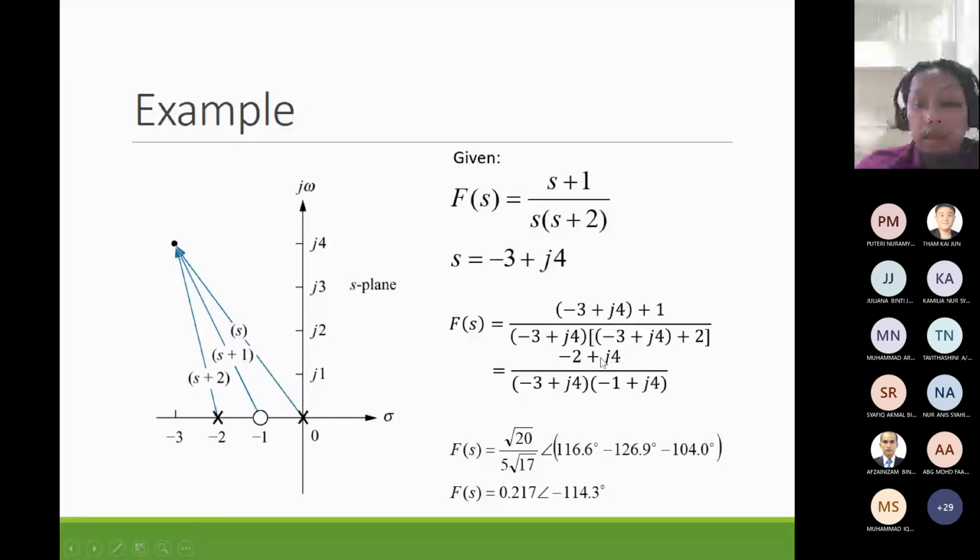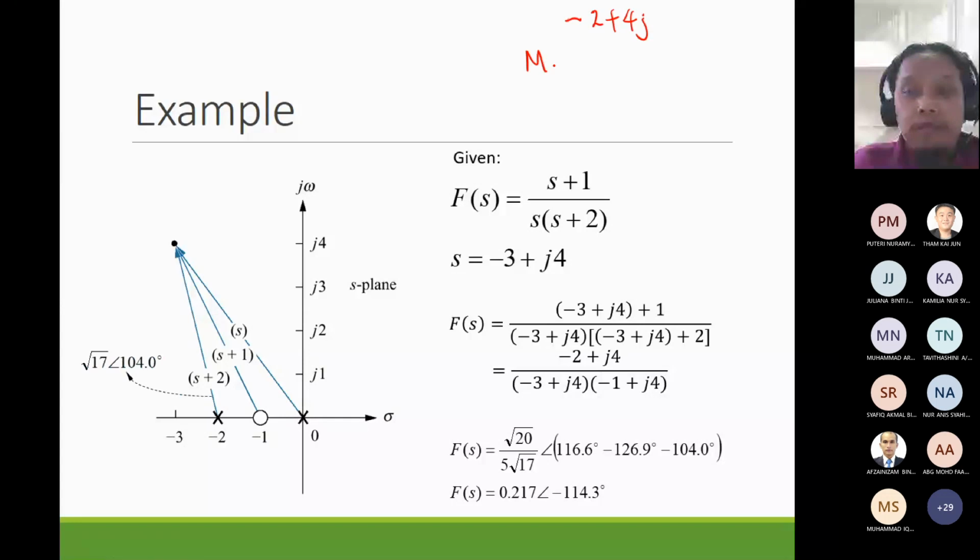For example, the top one here, the numerator, minus 2 plus 4j. You determine the magnitude: square root of minus 2 squared plus 4 squared. So you get square root of 20.